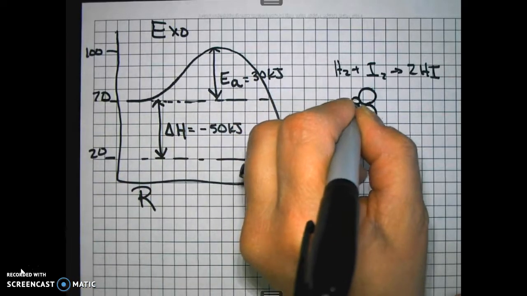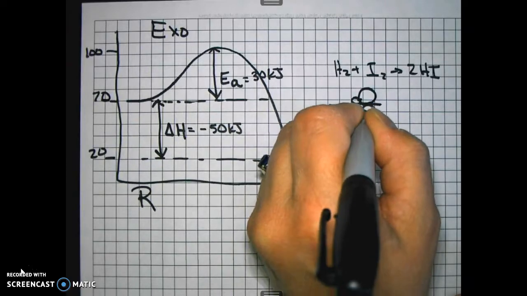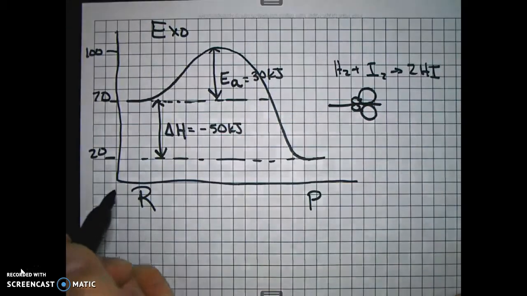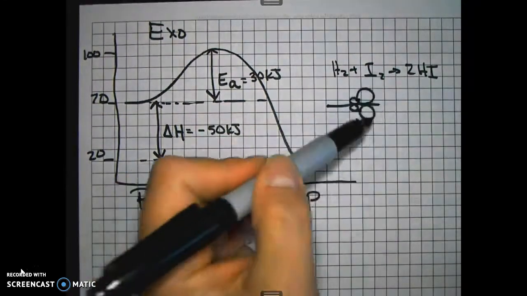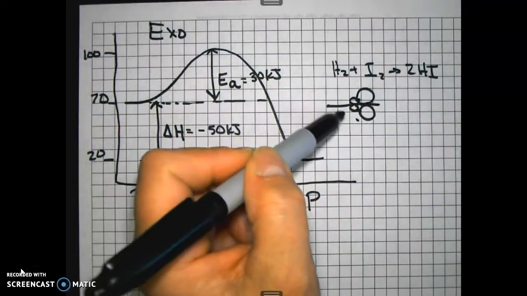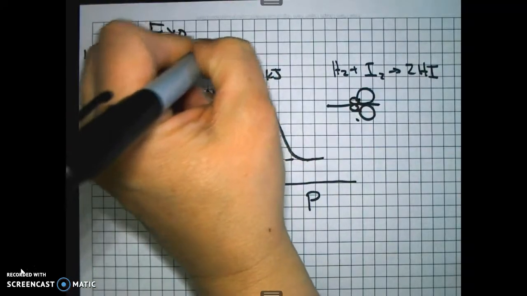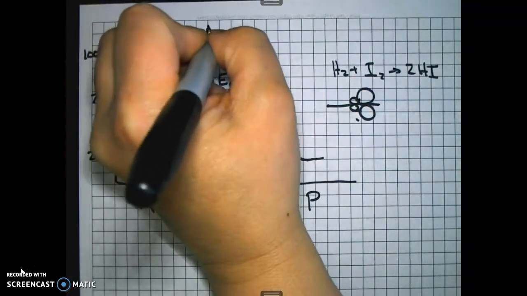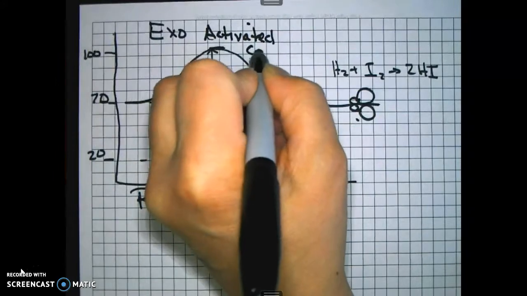We would have to break those bonds. We would have to form these bonds. And if something doesn't happen simultaneously, you create what's referred to as an activated complex. So that's what this point up here represents. The 100 kilojoules represents something called the activated complex.